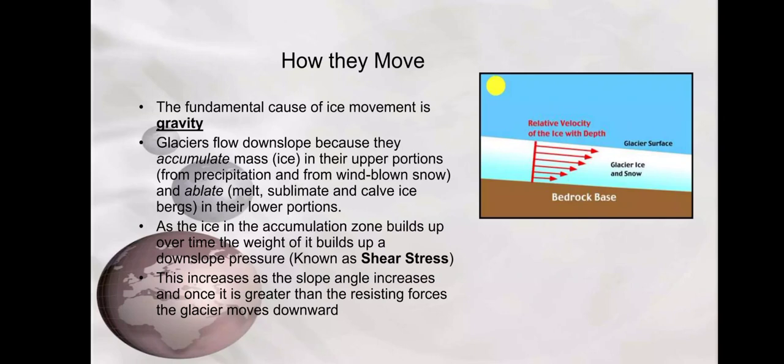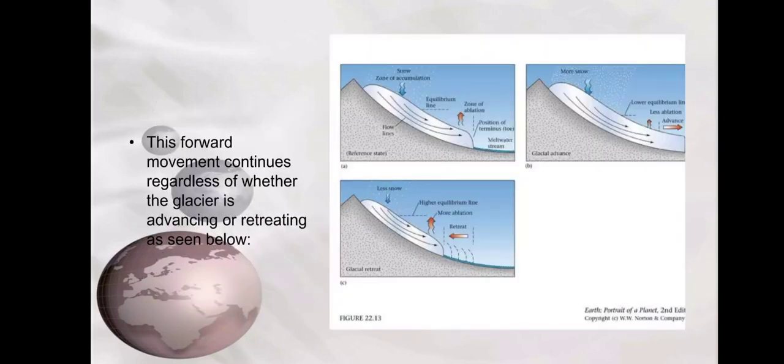This increases as the slope angle increases, and once it is greater than the resisting forces, the glacier moves downward. Okay, so let's continue. This forward movement continues regardless of whether the glacier is advancing or retreating, as below.